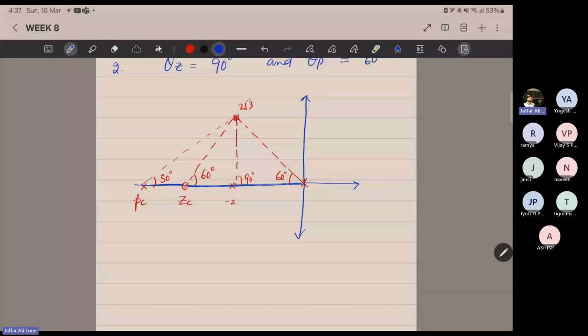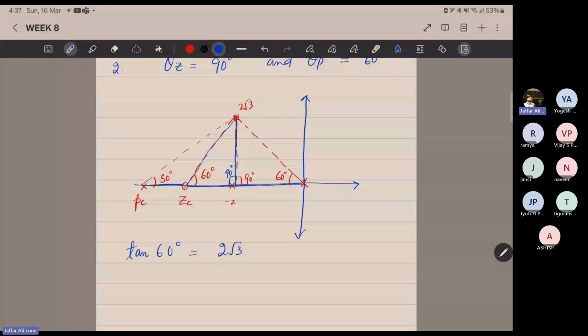So this is also 90 degrees. So in this triangle, can we write this? Tan of 60 degrees is equal to 2 root 3 divided by ZC minus 2. I'm only writing magnitudes. Please do not get confused with the values, because it's on the left hand side.